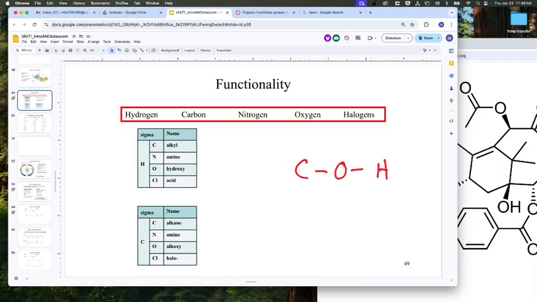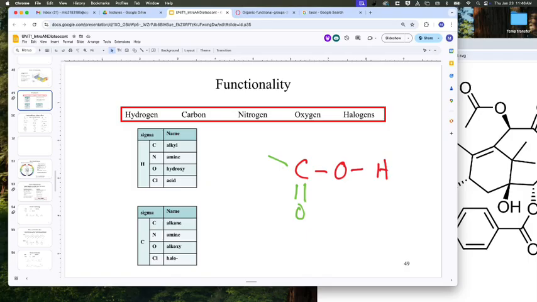Whatever. What happens if I take 2 of those bonds that carbon was, and I bond them both to the same oxygen? Is this now still an alcohol? No, this changes to something else. Why does it change to something else? Well, what is that functional group called? It's called a carboxylic acid.